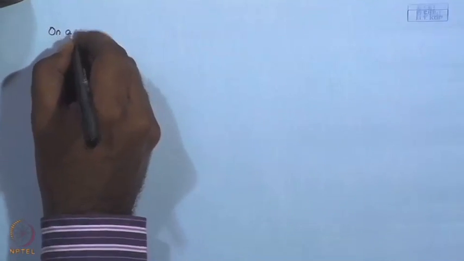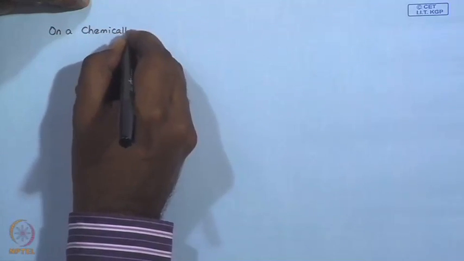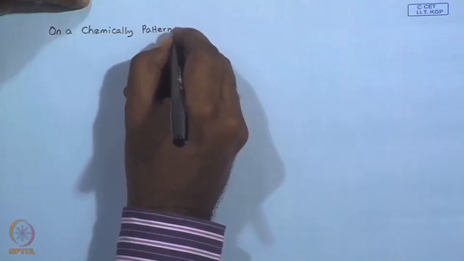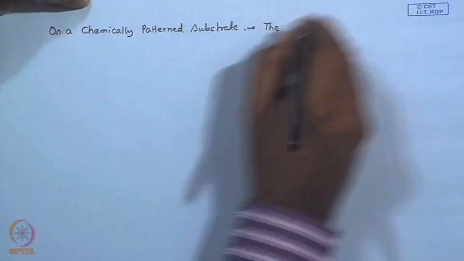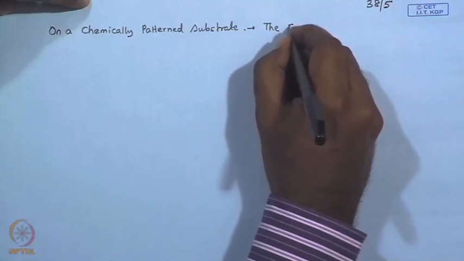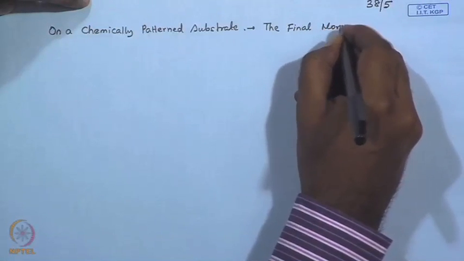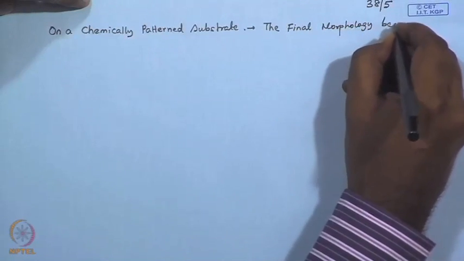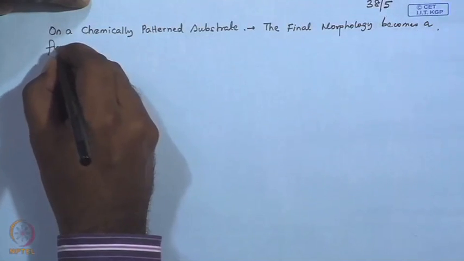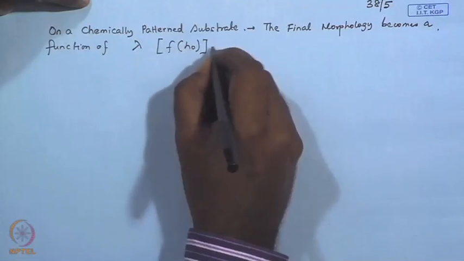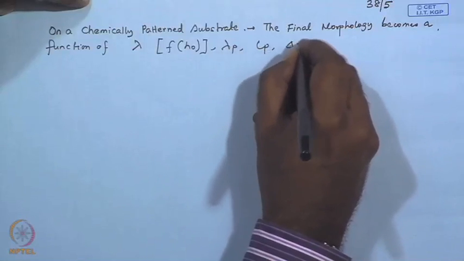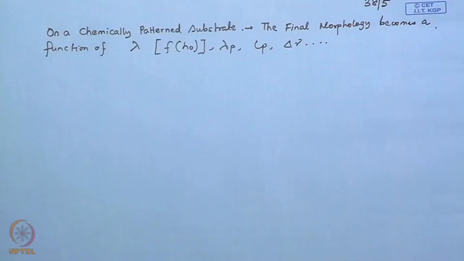So, on a chemically patterned substrate, the final morphology becomes a function of lambda, which is a function of the film thickness, lambda p, LP, delta gamma, etc. And therefore, again you have a whole lot of handle by simply using the same template or same pattern substrate, but films of different thicknesses, you can get to different structures.